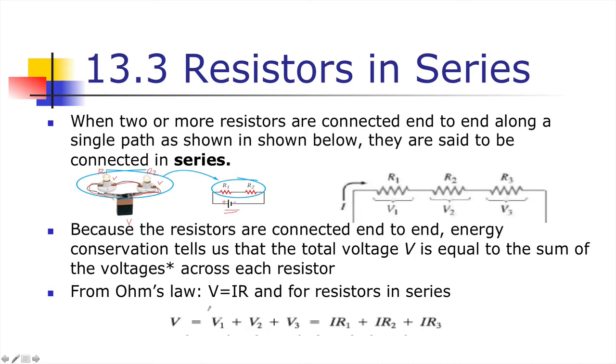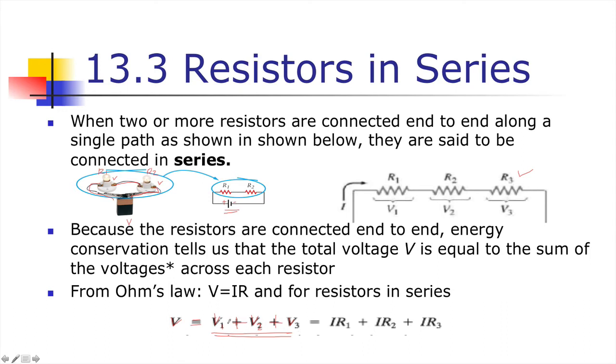You can prove this in a better way, but I'm not going to go through that. So the total voltage from the battery is equal to the voltage in the first resistor plus the voltage in the second resistor. If you have a third resistor, as you see here, you will add a third voltage. So the total voltage is the same as the sum of all the voltages that you get.